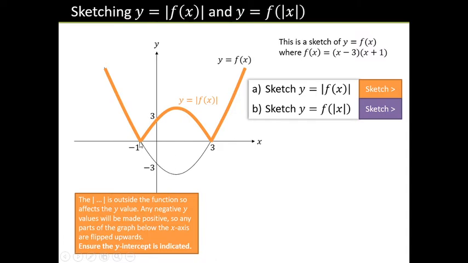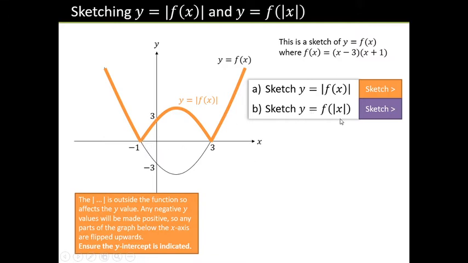However, as soon as we get to a negative value of x, so for example this negative 1 here, this point for this new function y equals the function of the modulus of x is actually going to give us the same y value as if we were calculating it for a function of 1.